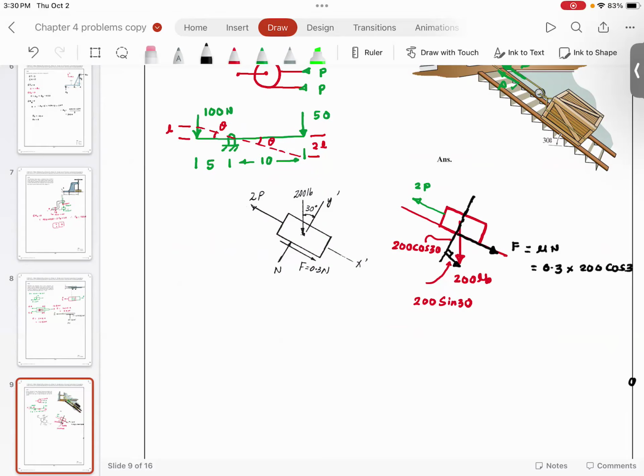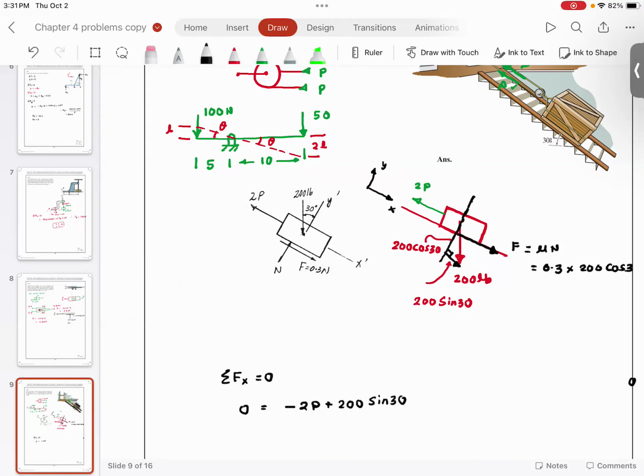Then you apply summation of forces in x direction and y direction equal to 0. This is y, this is x. Summation of forces in x direction is equal to 0. 2P, which is minus 2P. Then you have the component of weight, which is going down, which is plus 200 sine 30.